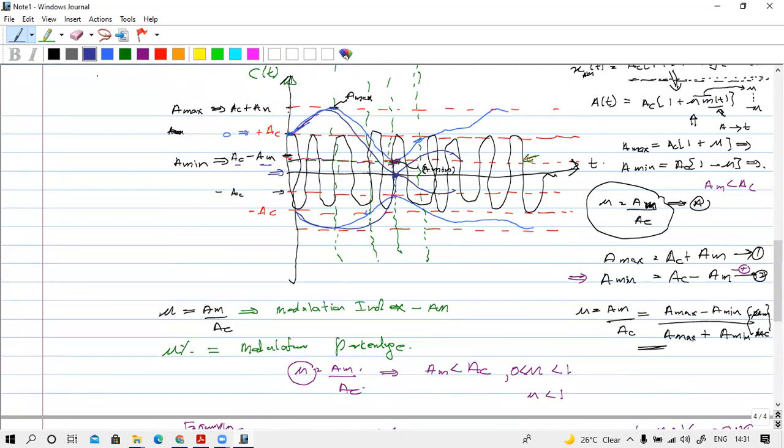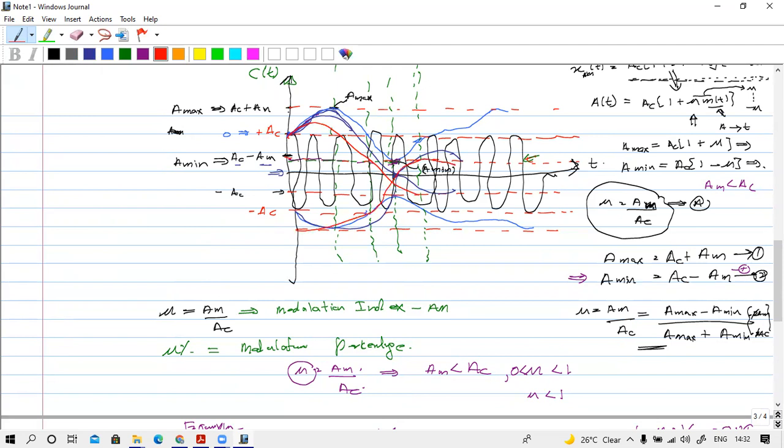Here AC is less than AM, so AC minus AM is on the minus side, no? So this will go and cross the line like this, and here also it comes and crosses this line like this.